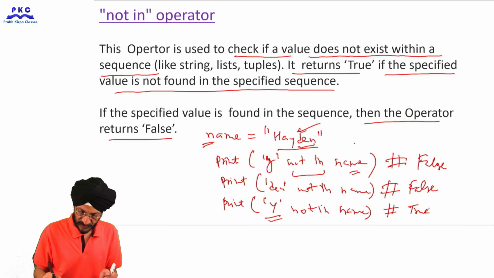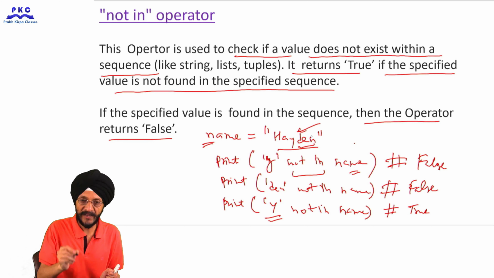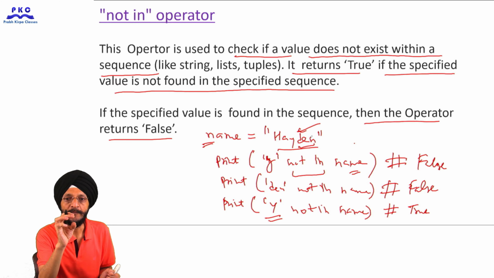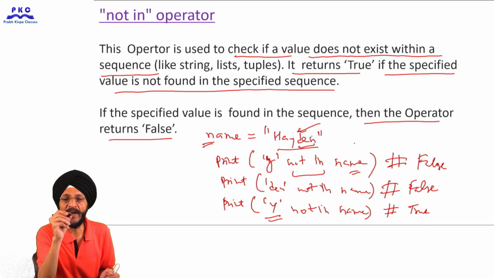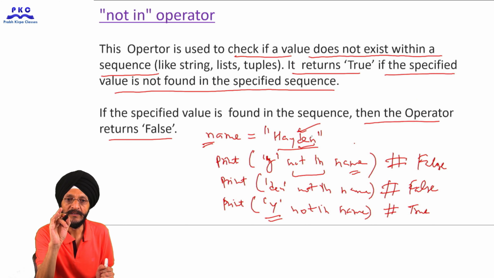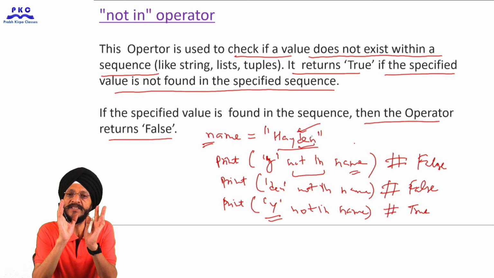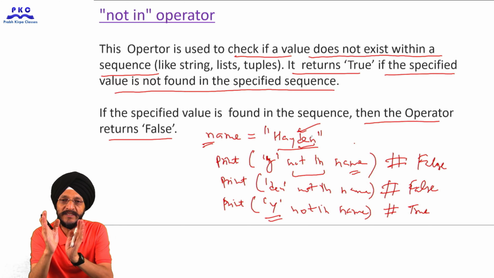In the string hidden, Y is in lowercase, and the not in operator checks whether Y in uppercase is there in the string hidden, because Python is case sensitive. It differentiates between lowercase and uppercase.